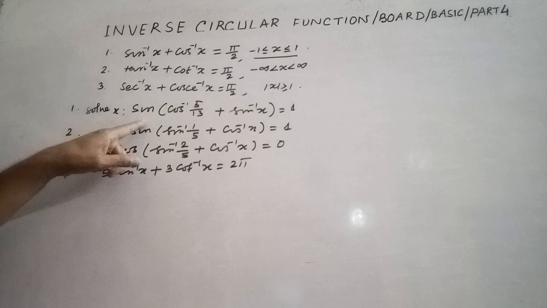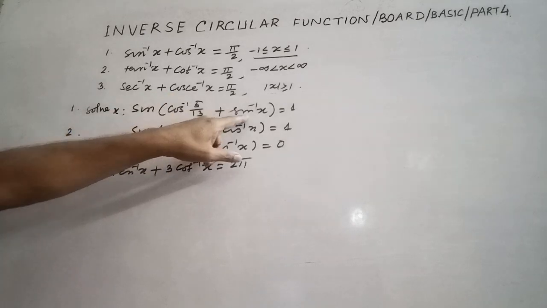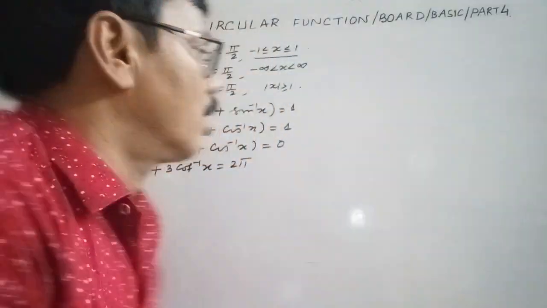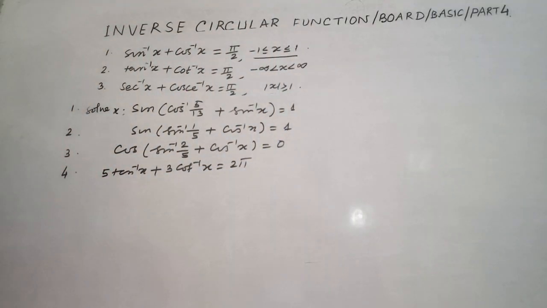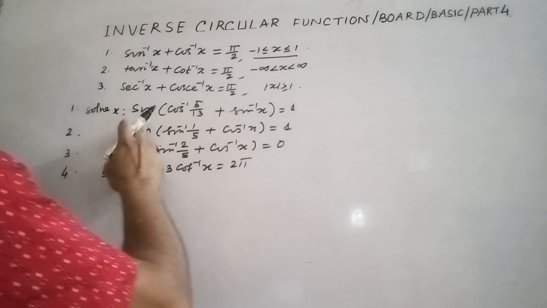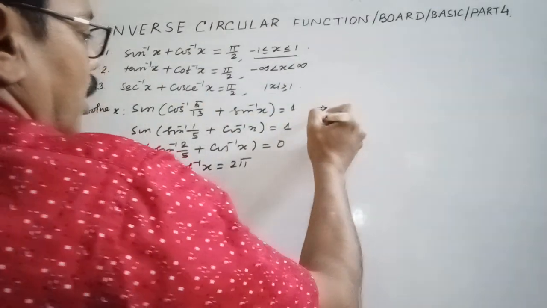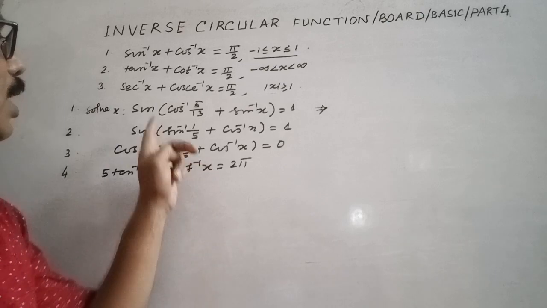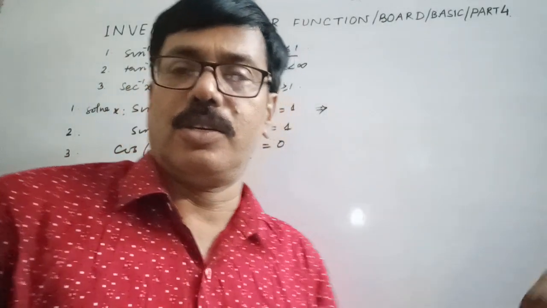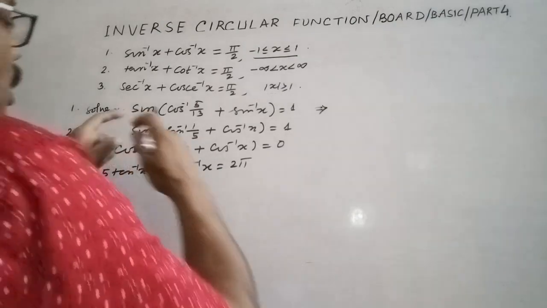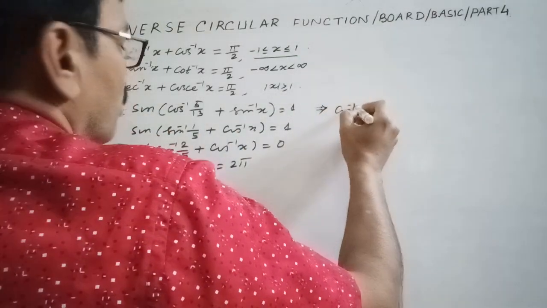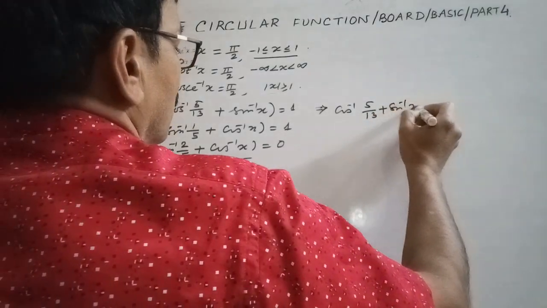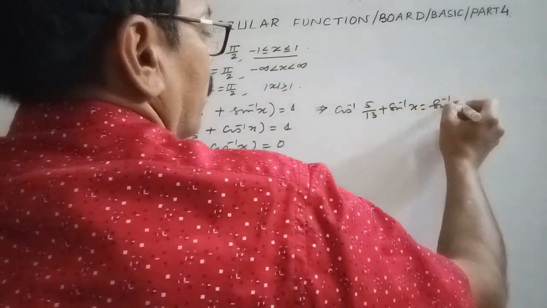Solve for x: sin of (cos inverse 5 by 13 plus sin inverse x) equals 1. Consider problem number 1. The right hand side is 1. If sin is transferred to the right hand side, it becomes sin inverse. So cos inverse 5 by 13 plus sin inverse x equals sin inverse 1.